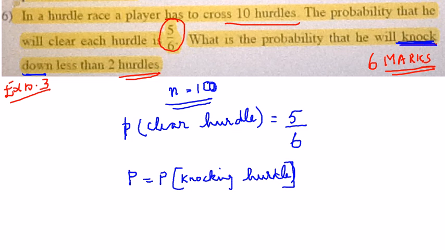And that probability of knocking down a hurdle is equal to 1 minus 5 by 6, because the probability of clearing the hurdle is given as 5 by 6, which is Q. So 1 minus 5 by 6, after taking LCM, is nothing but 1 by 6. So you know the value of P, you know the value of Q, and you know the value of n.